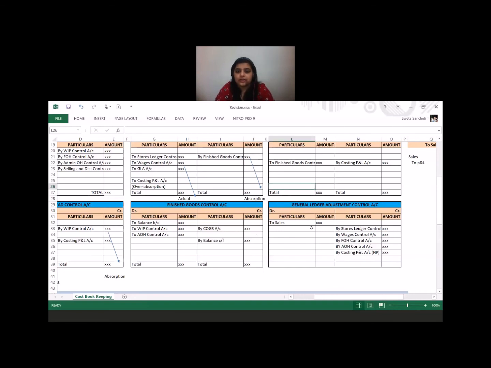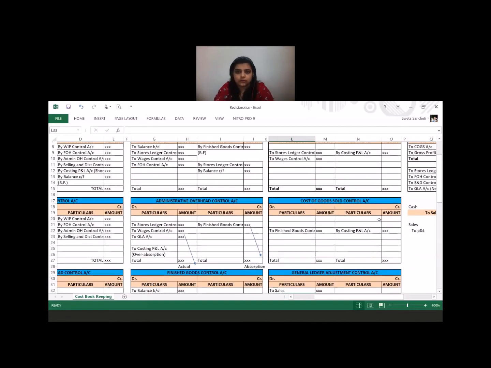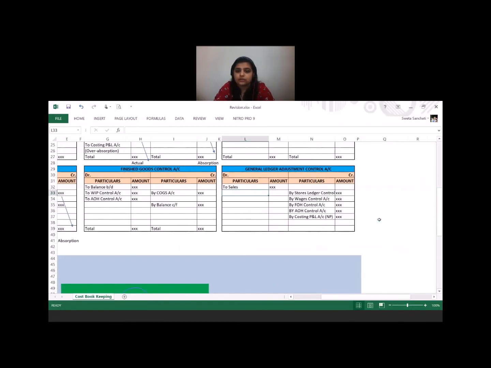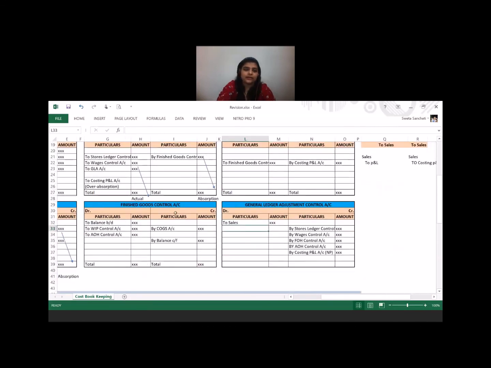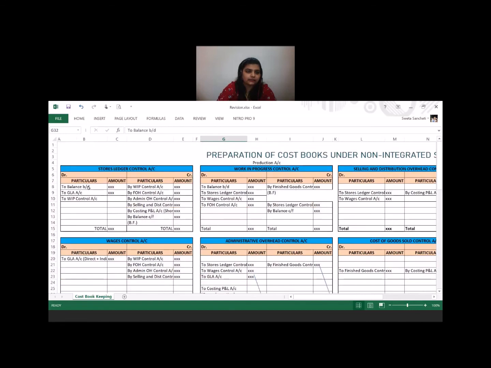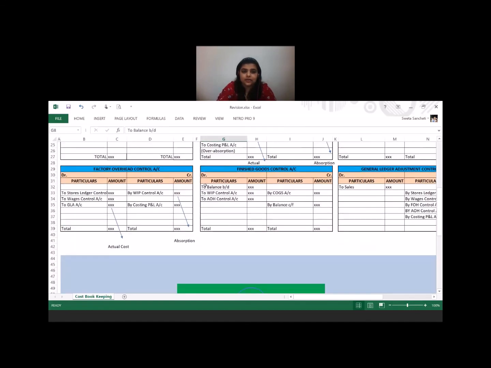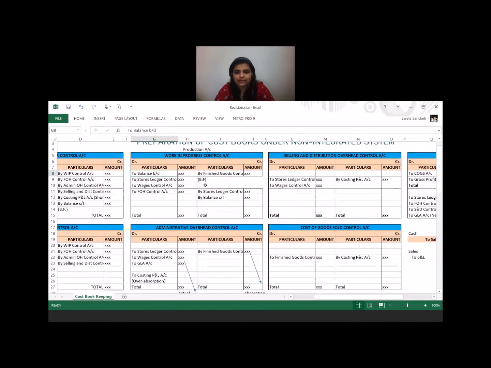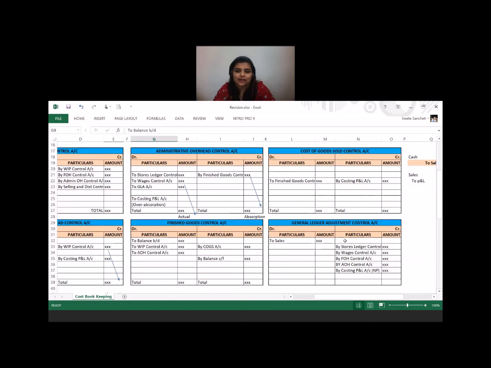Okay, so general ledger adjustment account is the last account which we are going to close. If you can see, all other accounts are closed. Now coming to general ledger adjustment account, see beta, you have written opening balance everywhere, right? Opening balance, opening balance, opening balance. Now, when you are into a trial balance and you have so much debit opening balance, there has to be a credit opening balance also. Then only your trial balance will match.